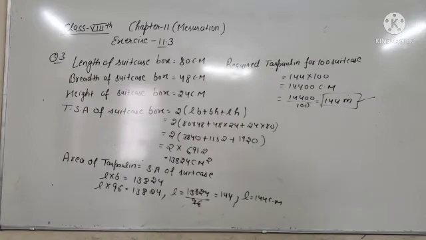So first of all you will find out the total surface area of the suitcase. All the dimensions are given: 80 centimeter, 48 centimeter and 24 centimeter. So what will be the total surface area? Twice of length into breadth, breadth into height and length into height. Put all the values and find out the total surface area.